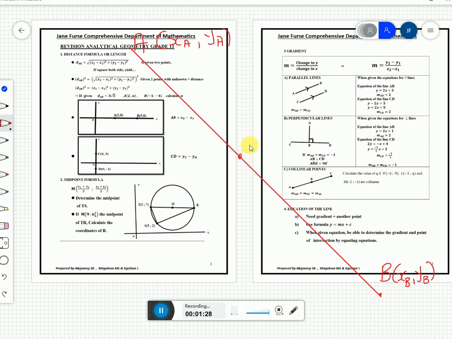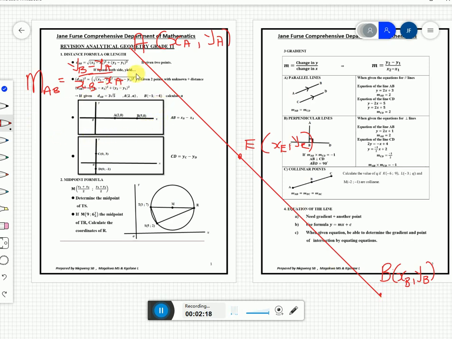Let's have this point as E, for example, which is X at E and Y at E. The gradient, we're also using the M, the gradient of AB is equal to the change in Y, which is Y at B minus Y at A, divided by X at B minus X at A. So this is the formula for the gradient of the line.